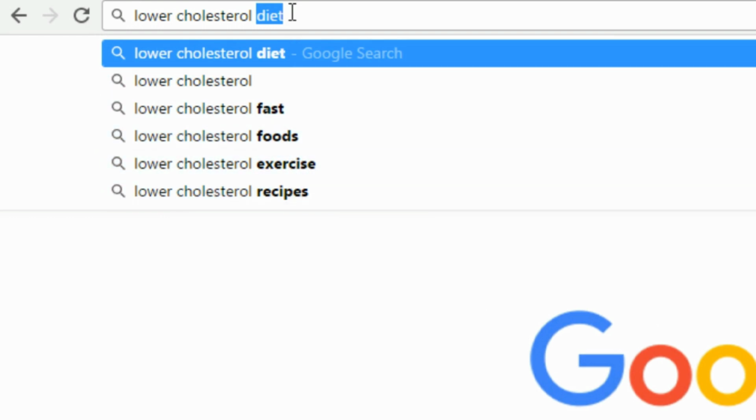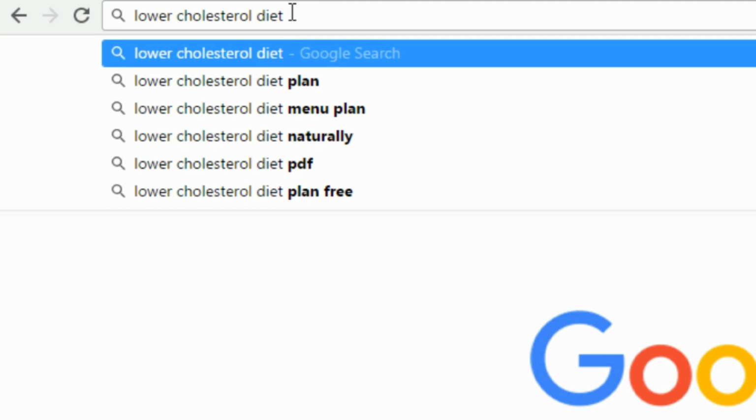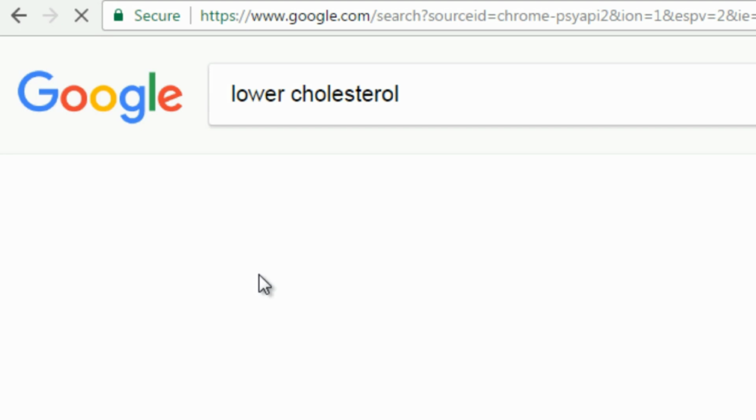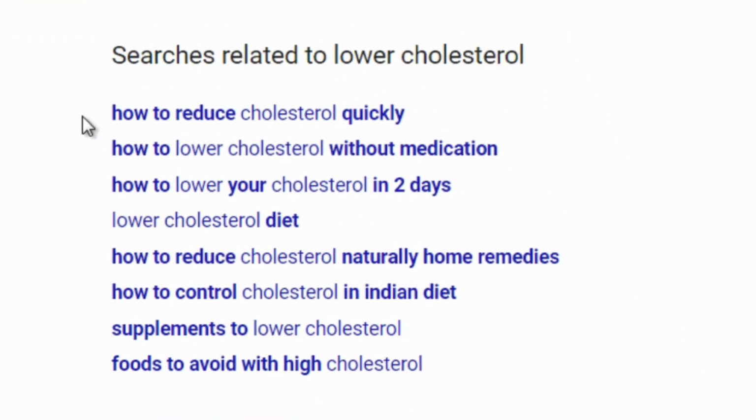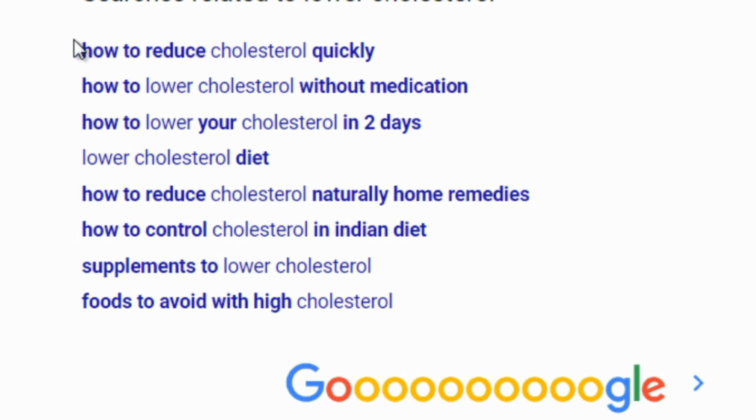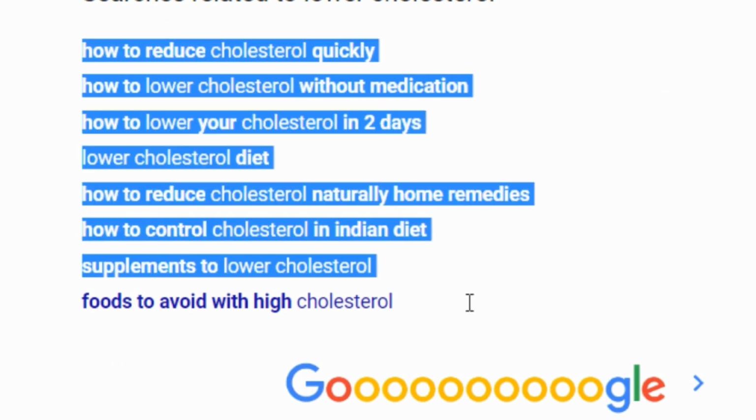Now, if I type in lower cholesterol flat out and scroll all the way down to the bottom, you will see a larger list of searches related to lower cholesterol.